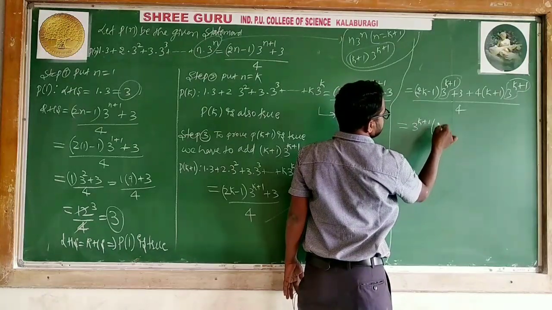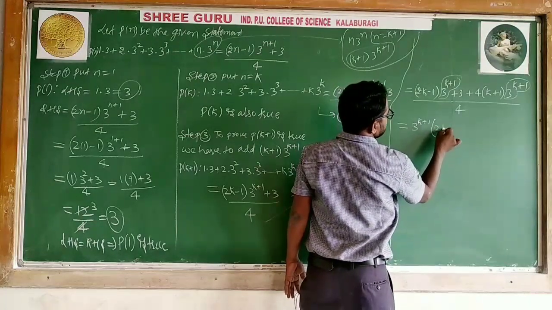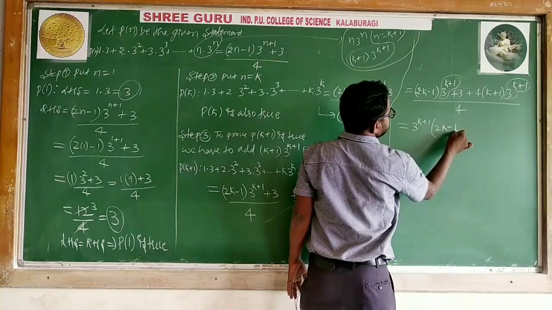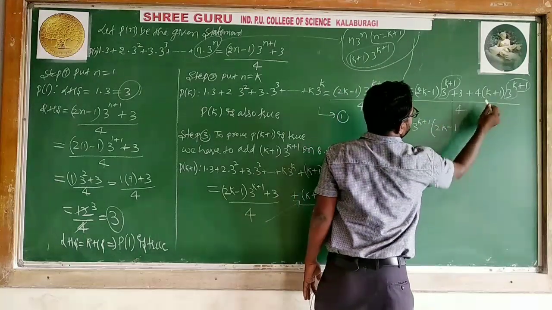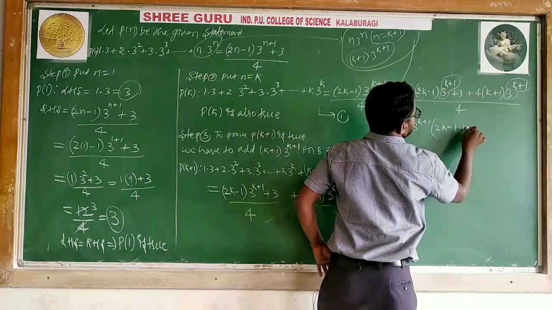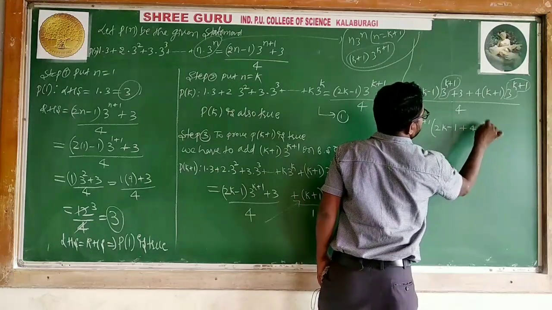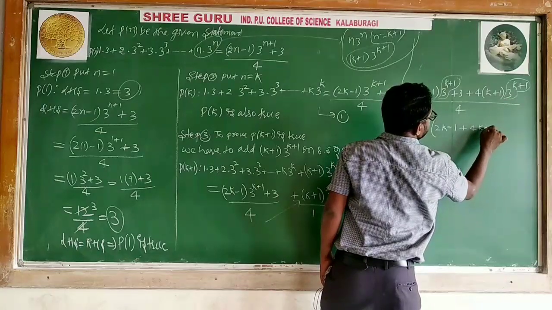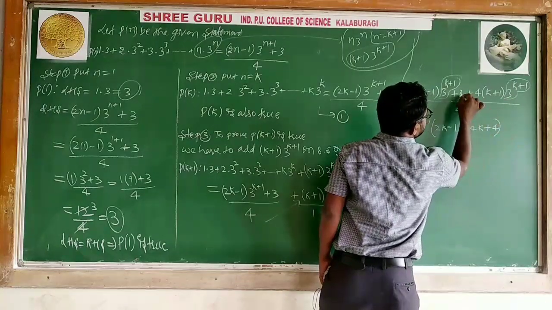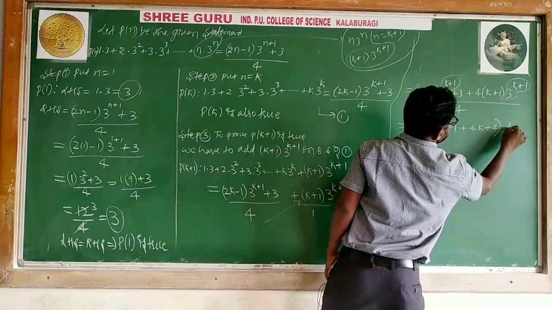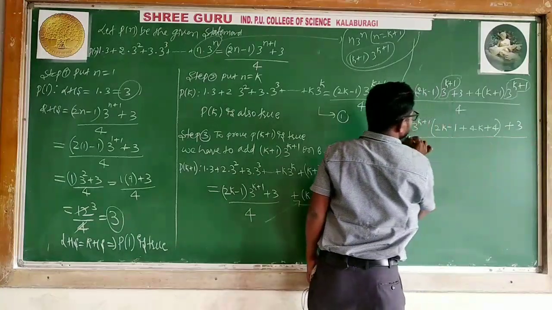Remains here 2k minus 1, plus 4 into k plus 1, which is 4k plus 4, then plus 3 whole divided by 4.